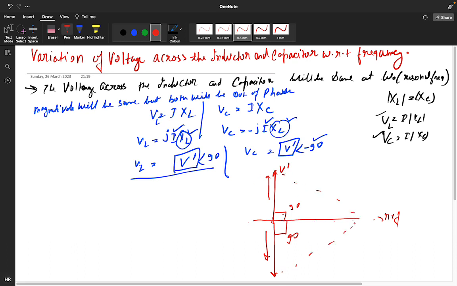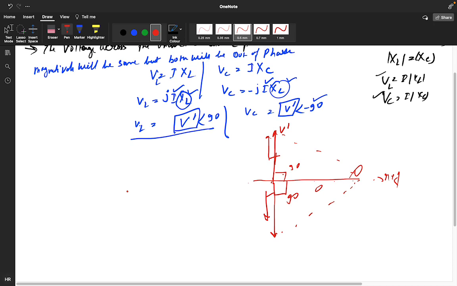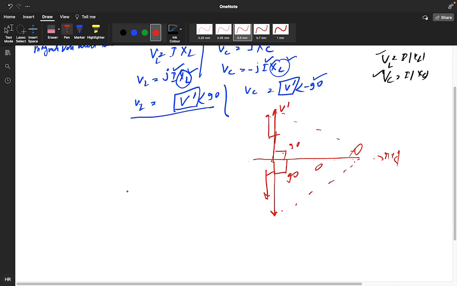Therefore the net reactive voltage is 0 and the entire supplied voltage appears across the resistor only, not across the reactances.